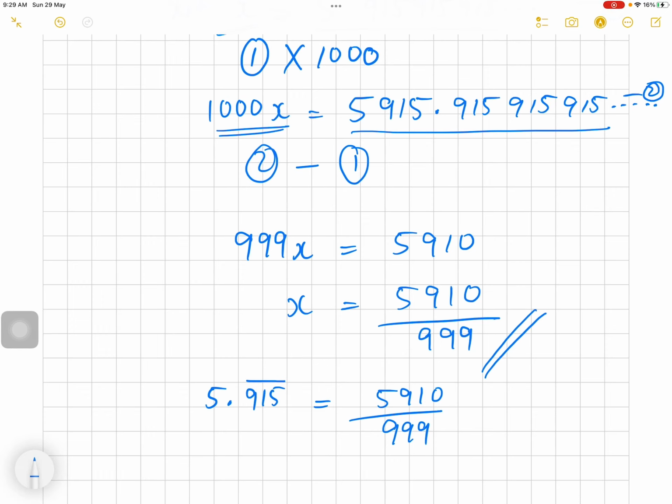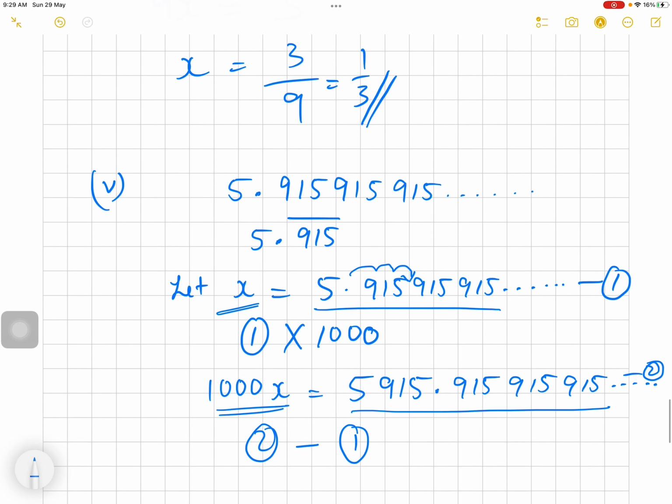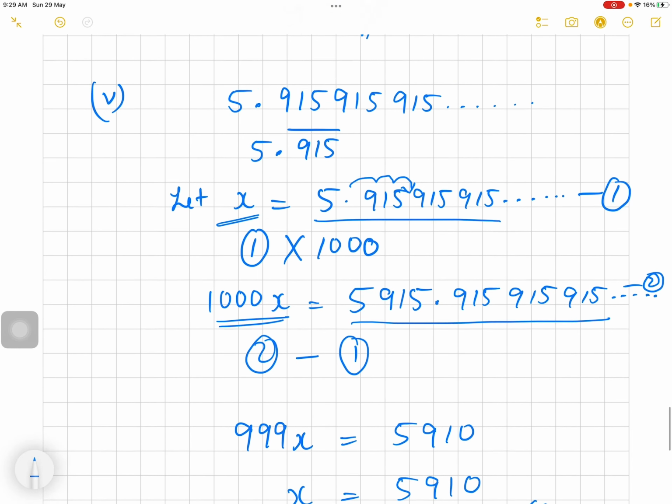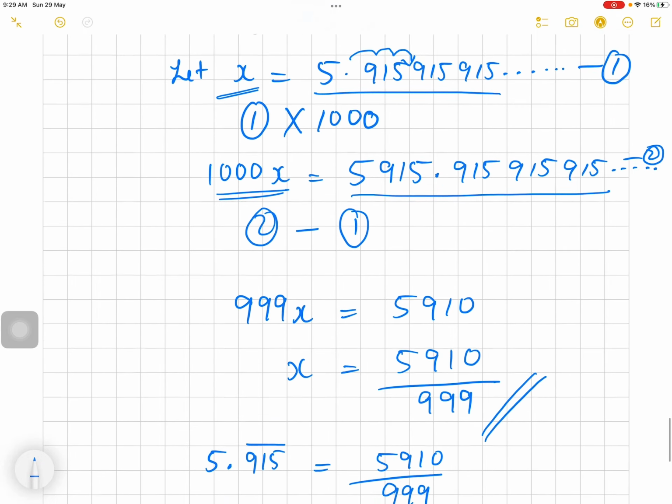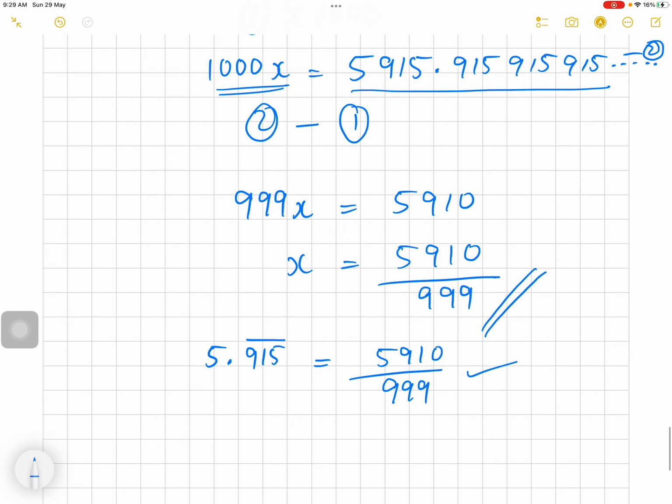So a recurring decimal can be written in P by Q form. So it is a rational number.